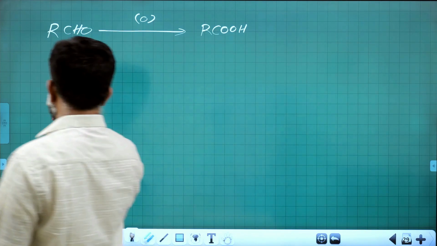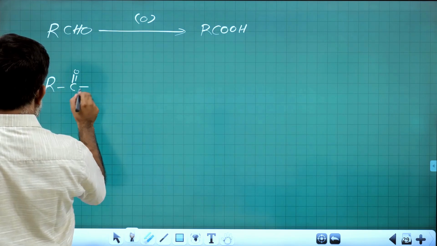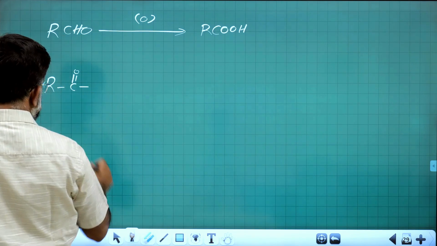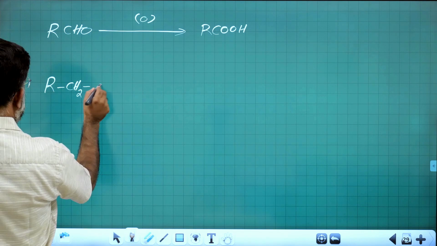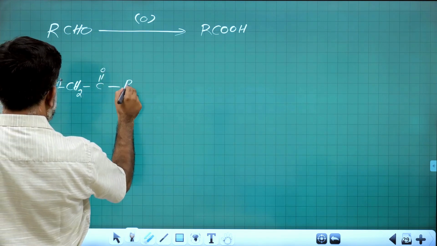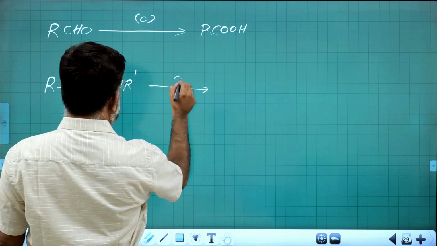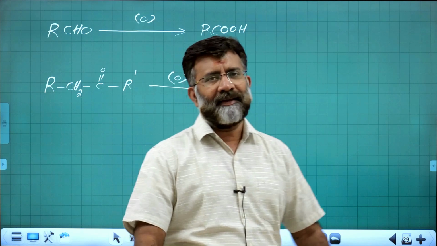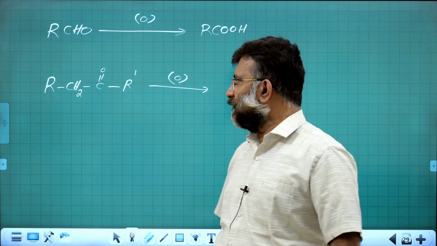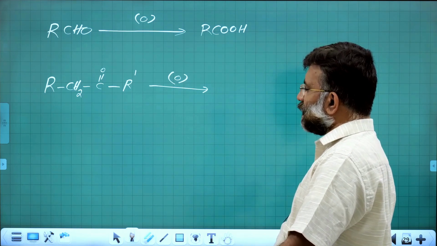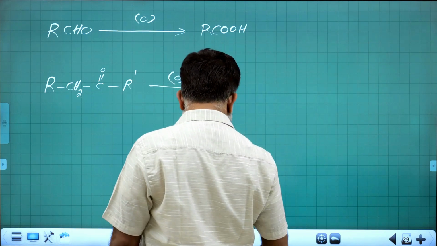While if you take a ketone, RCH2COR', just one general molecule taken, if it is taken for oxidation, number one, you have to apply elevated conditions, right? Now, if you try to oxidize, you can get multiple different products.